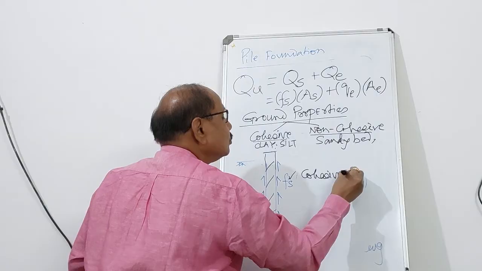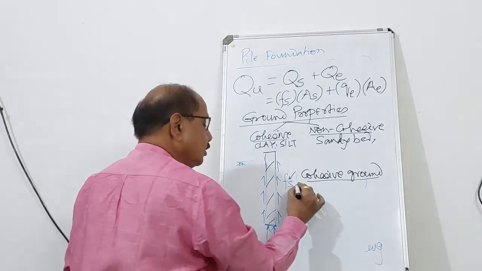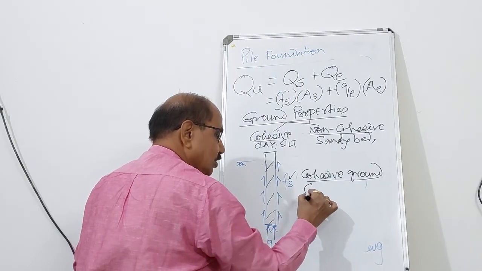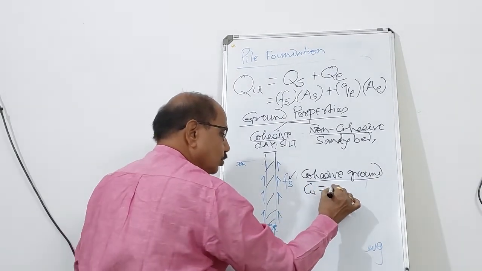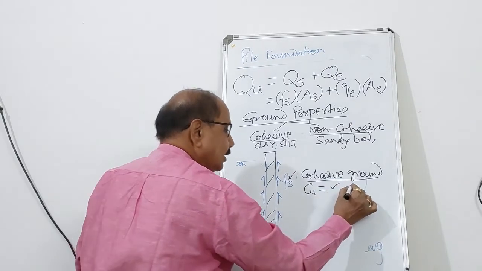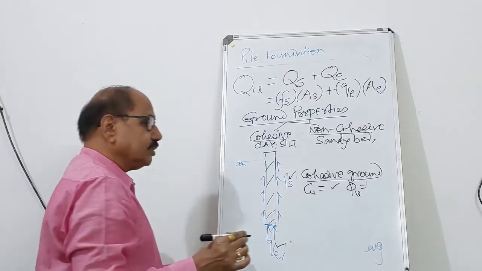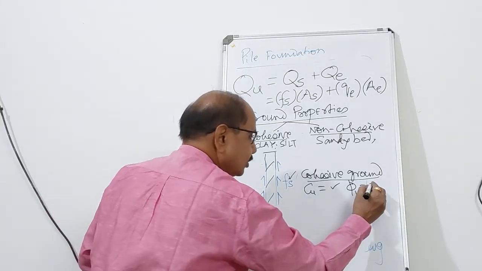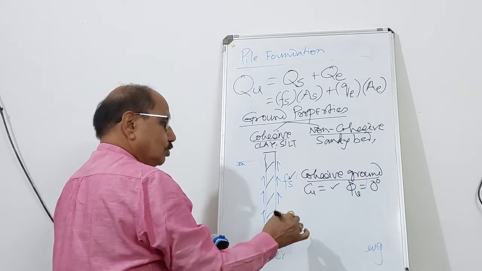In the cohesive ground, what are the properties of the cohesive soil? You must know the undrained cohesion parameter, so this will be known to you. And the value of phi u, that is the angle of internal friction in undrained condition, will be 0 degrees. So you know this.